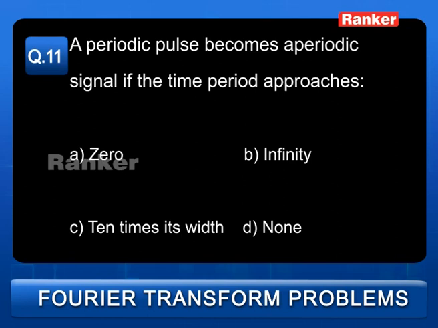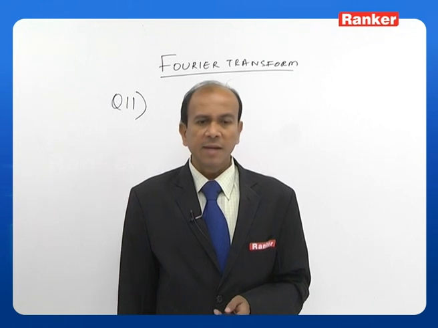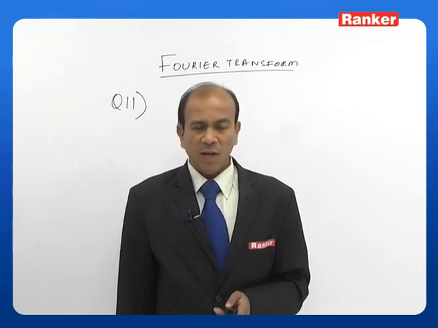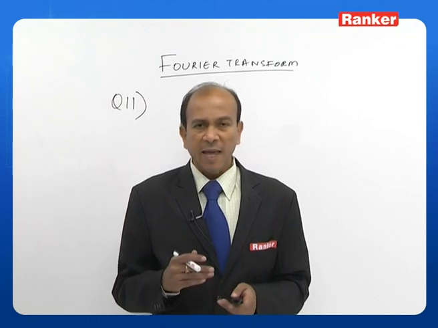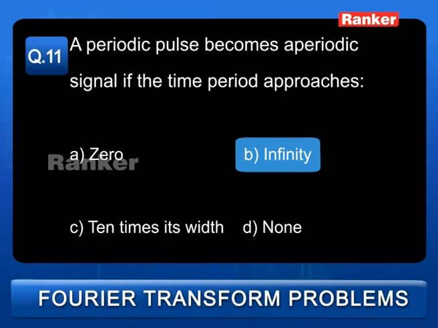The answer is infinity. So a periodic pulse becomes aperiodic if the time period approaches infinity. So the answer is B, that is infinity.